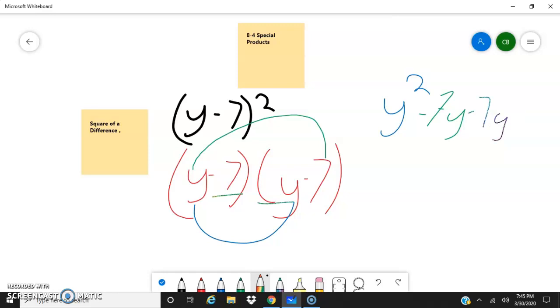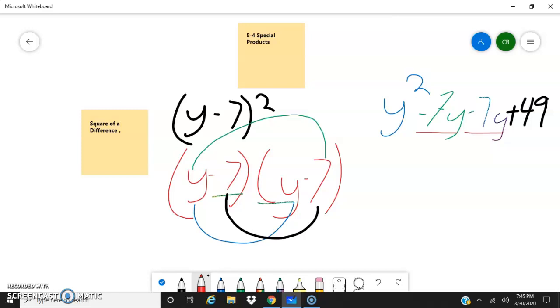And then last, let's do black color. Last, negative 7 times negative 7 is going to give us a positive 49. Once we've FOILed it out, treat it just like we normally would on the last examples that we've watched. We're going to combine like terms if we can.